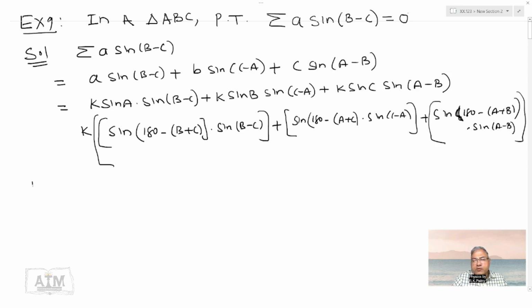So this equals K into sin of 180 minus theta. Sin of 180 minus theta equals sin theta.